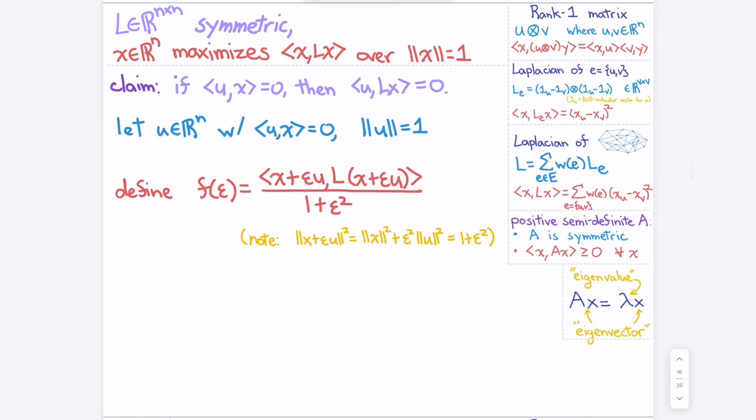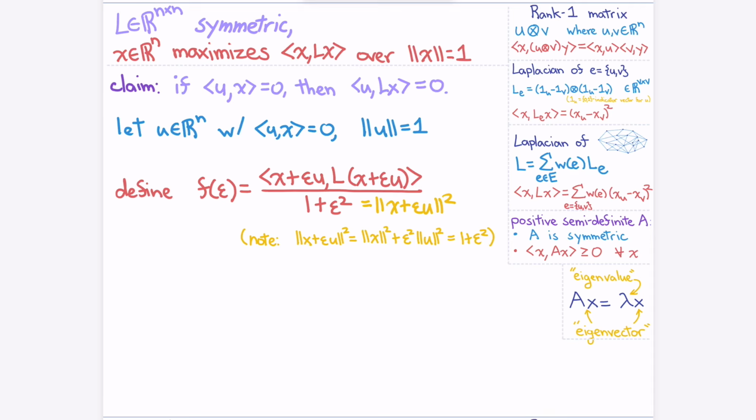All right, how do we show this? This part's a little bit more analytical. At some level, x maximizes x^T L x over all unit vectors. Noting that u is orthogonal, you can also think of this as x plus epsilon u, squared.